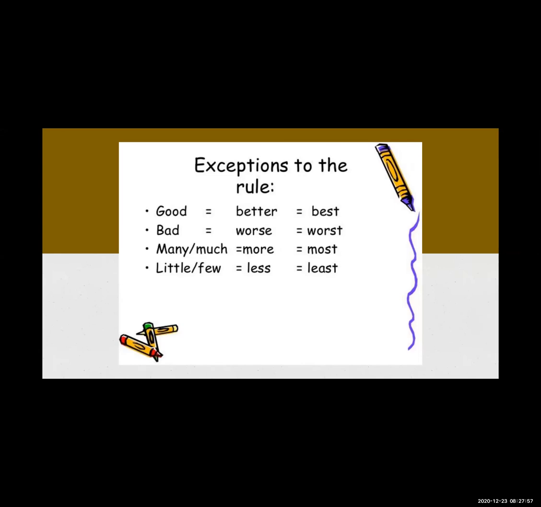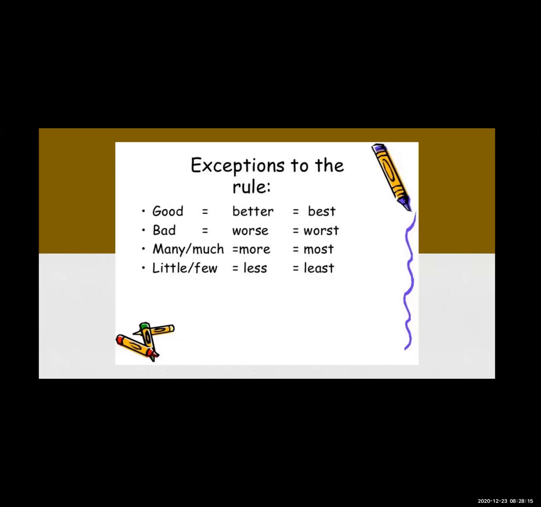If there is the word little or few, then it will become less or least. You can take the screenshots. So these are the exceptions, as we have already seen. These are also the exceptions in the superlative form. We'll see the next slide.